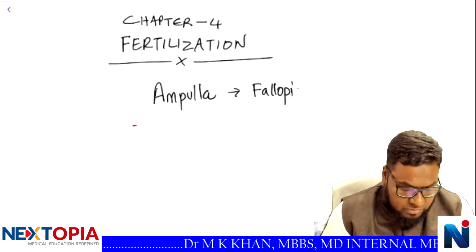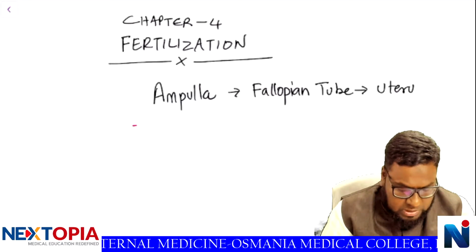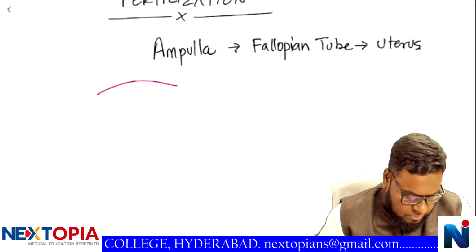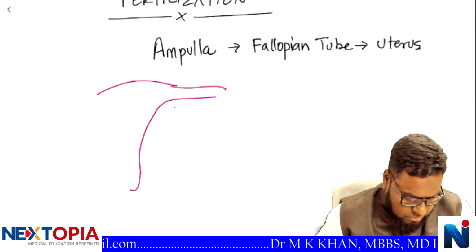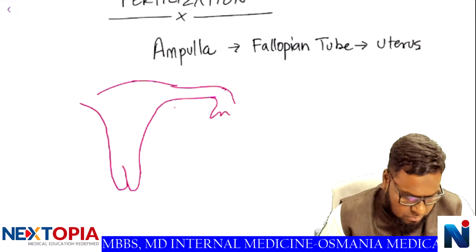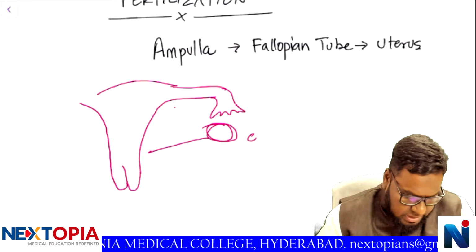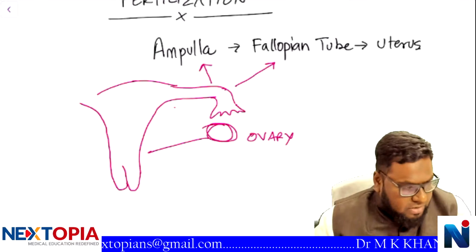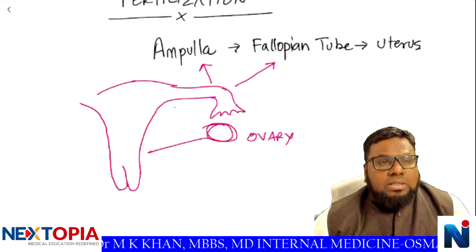Here the fertilization occurs. This is the ovary, this is the fallopian tube, and this part is the ampulla of the fallopian tube. So at this point, the fertilization is occurring.